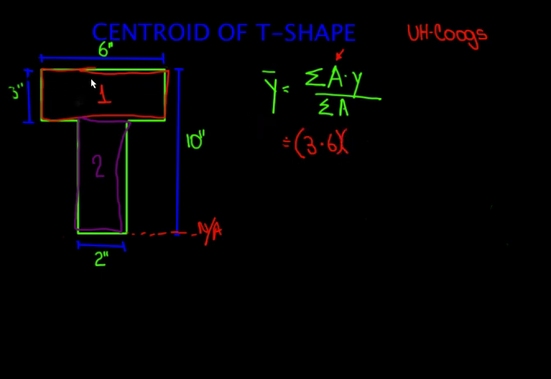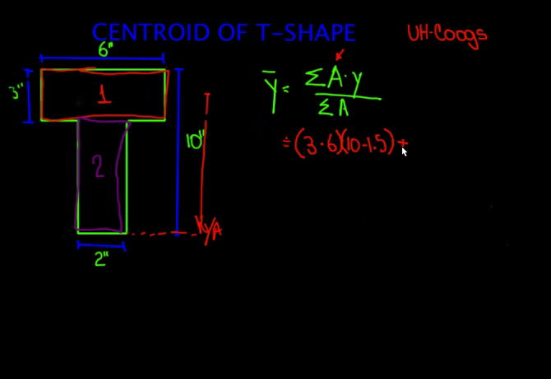For a rectangle, the center is right at the center, so it's gonna be 1.5. So to calculate the distance from the center of that rectangle all the way to the bottom, it's gonna be 10 minus 1.5. That's for the first one.